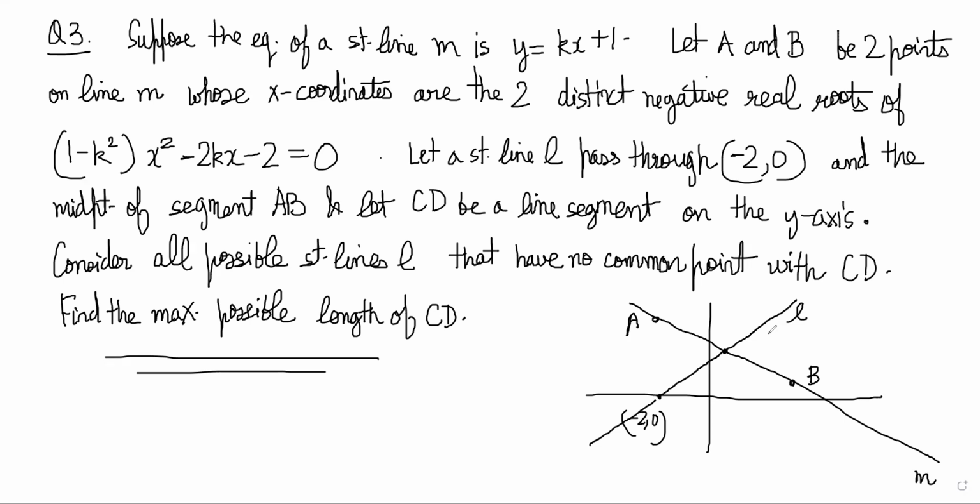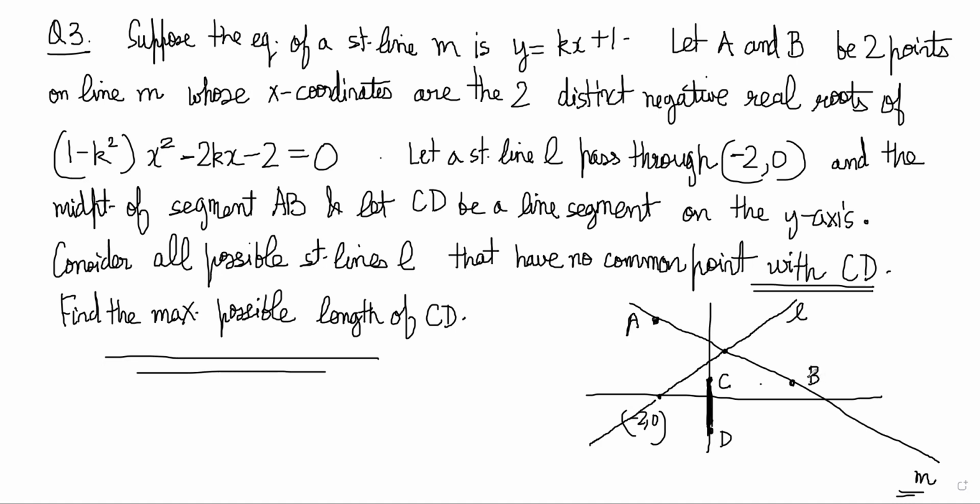And let CD be a possible segment on the y-axis. Consider all possible straight lines L that have no common point with CD. Right now the straight line L has no common point with CD, but if my line M was different and the midpoint was here, then it would have had a common point.